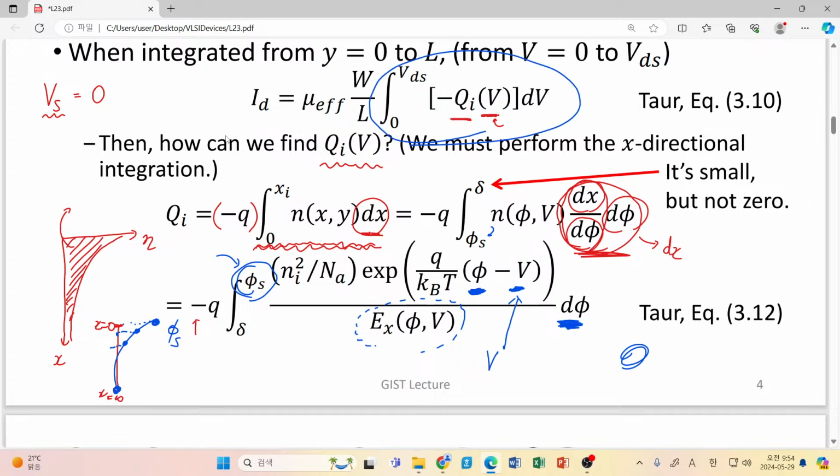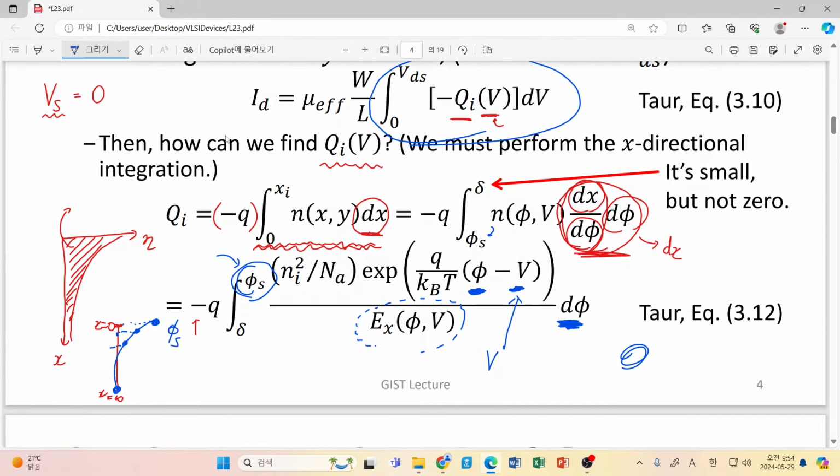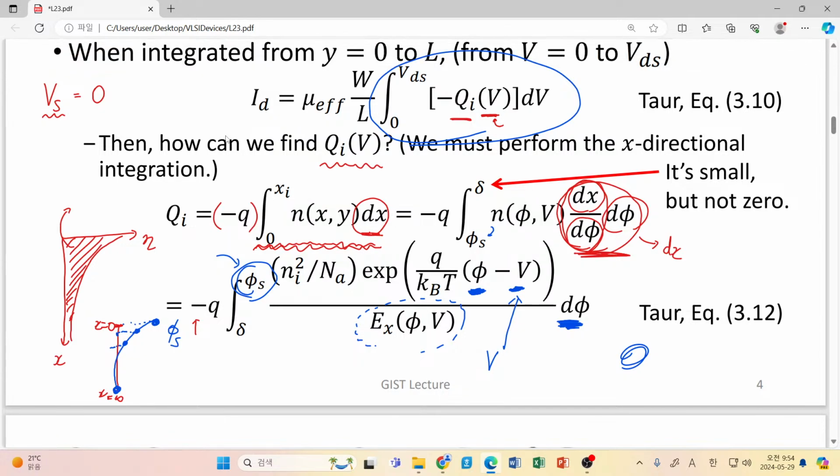Yes, if we can express our QI accurately but in a simple way, then we want to use that expression. But in the case of the Poisson double integral, what we did was, without any further approximation, we just vertically integrated the electron density position by position. That was the solution of this expression.